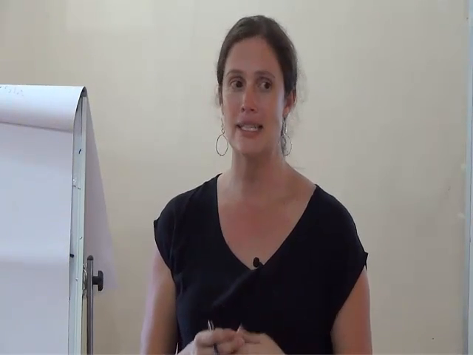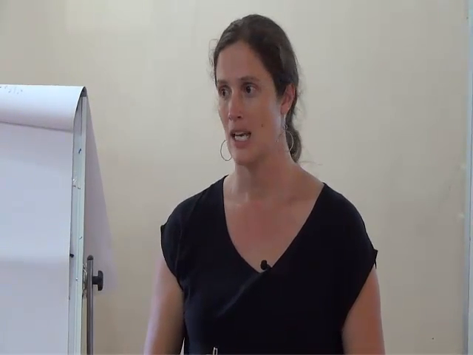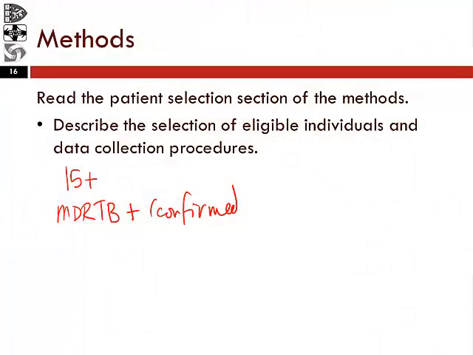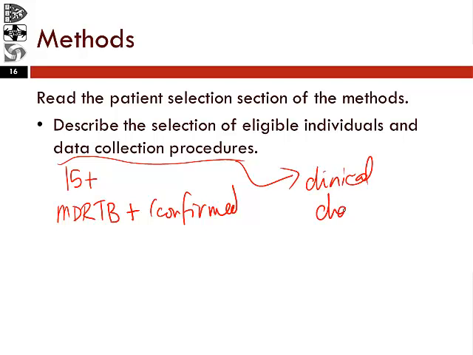How did they get data on these people? Where did the data come from? So the data was pulled from clinical charts. And there was this word that you should all know, retrospective. They were retrospectively pulled.